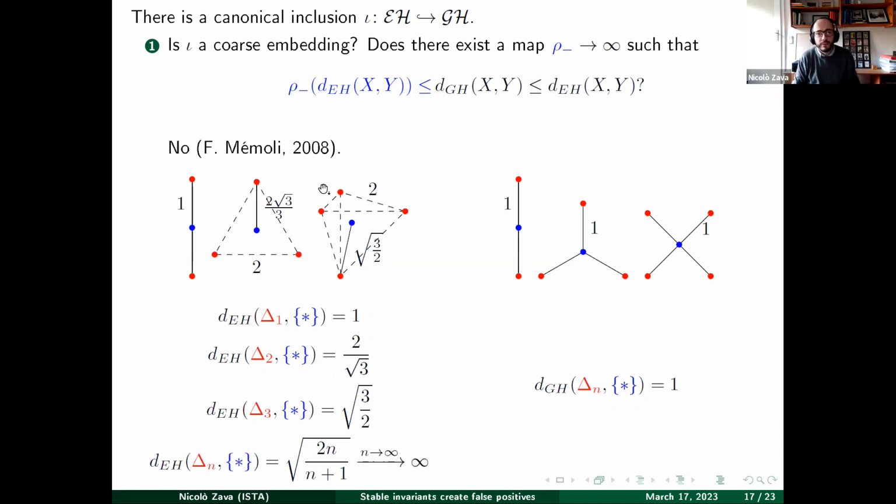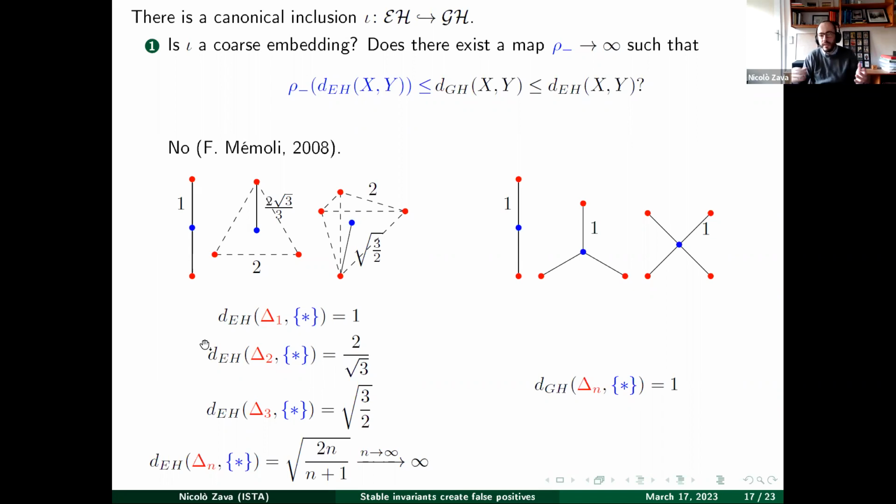I'm taking this example from a paper, from memory. Consider regular simplices with edge length 2 as our first space, and the second space is just a singleton. In R^n, the best you can achieve is putting your singleton in the center of the simplex.